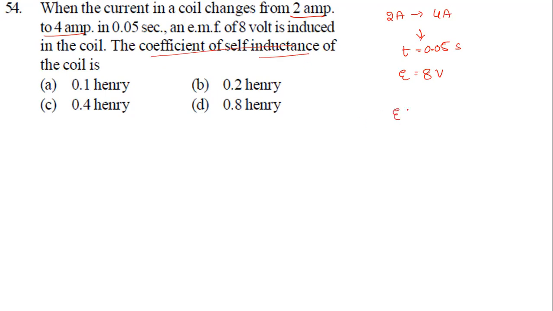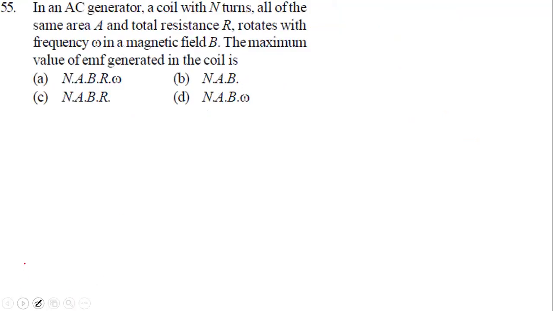The formula is the same, E equal to minus L times di by dt, where di is the change in current, I1, I2. Take the magnitude and you'll get the answer. I'm not going to discuss this question because we have done this type many times.